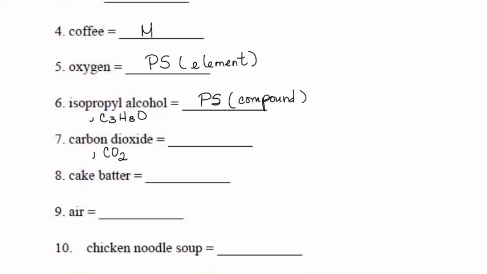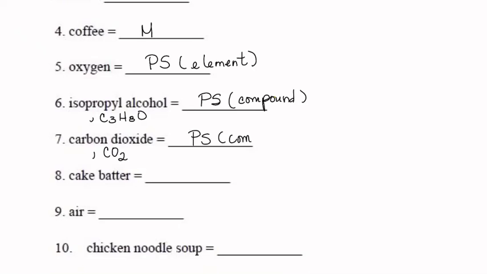What would it be, you guys? Pure substance or mixture? Great job. It is a pure substance because we see there's a couple of elements, and then we see that there's numbers under the elements, okay? So this is a pure substance.